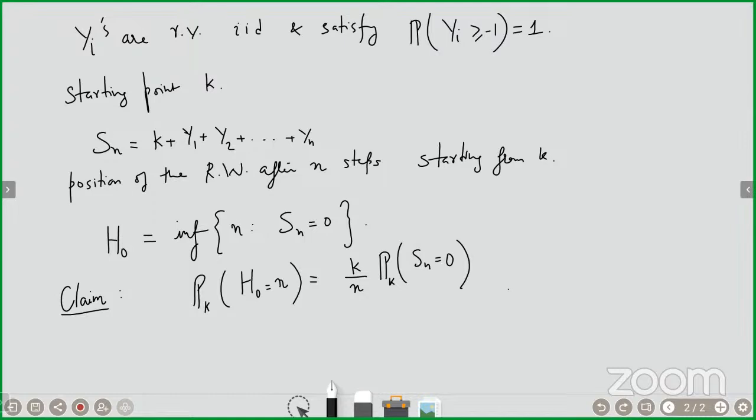So what happens when n is 1? Sn to be equals to 0, y1 should be equals to minus k.